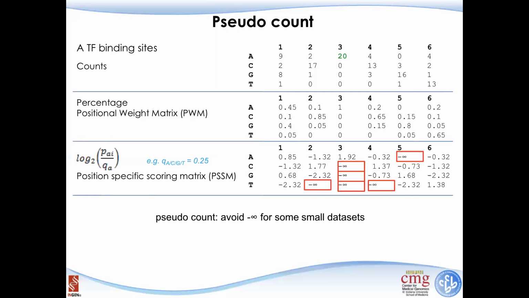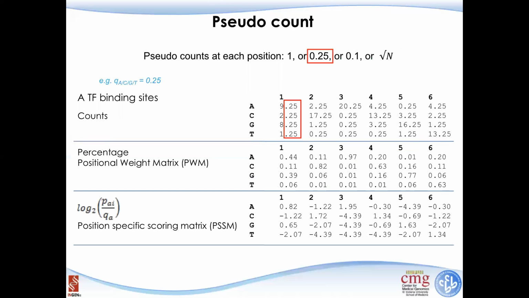So maybe we can add 0.25 to all of them. So give a small or tiny number to avoid the zero somewhere. Or for a large number of sequences, we can use 1, or 0.1, or square root of n. Doesn't matter. Many people use different ones, choosing whatever they want.